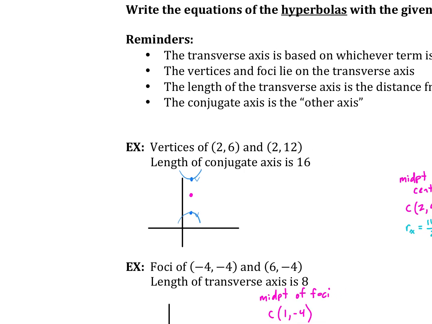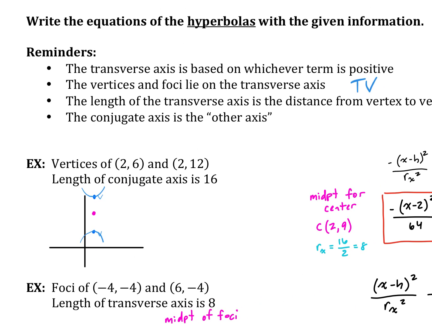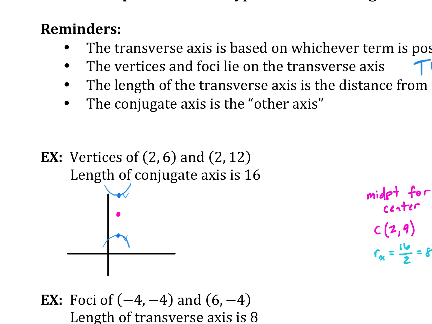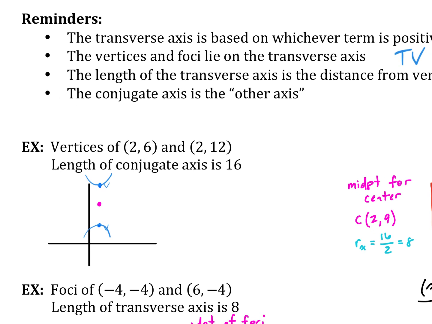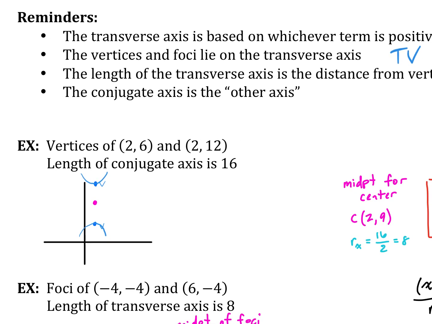So if we think about that, we could go ahead then and find some other pieces of information, okay? We can say the midpoint of our vertices will give us our center, okay? So we get our center to be (2, 9), okay? Now, we're also given the length of the conjugate axis.